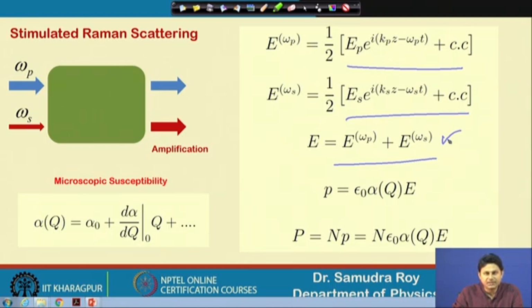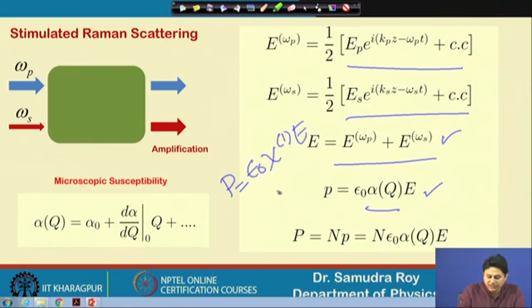Microscopic polarization should be there: it is ε_0 times the microscopic susceptibility multiplied by the total electric field. The form is exactly the same as the way we represent a polarization, P is ε_0 χ^(1) E. If I compare these two, it is the same form.